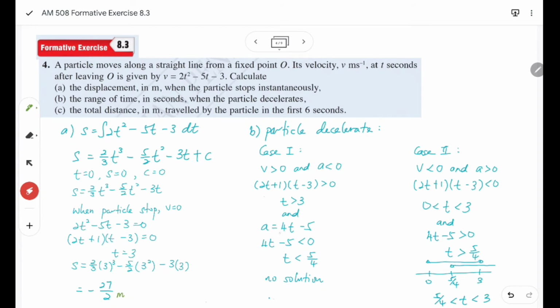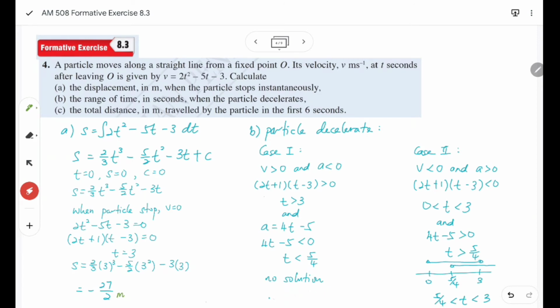We differentiate to get a first, so that we get 4t minus 5, and less than 0, we get t less than 5 over 4. And we see there's no solution that has t greater than 3 and at the same time less than 5 over 4. So therefore, we see no solution for case 1.